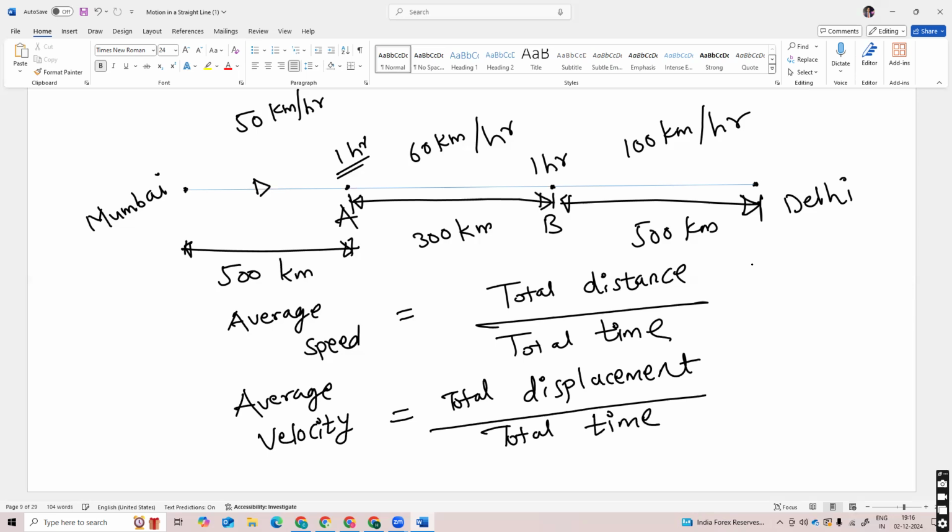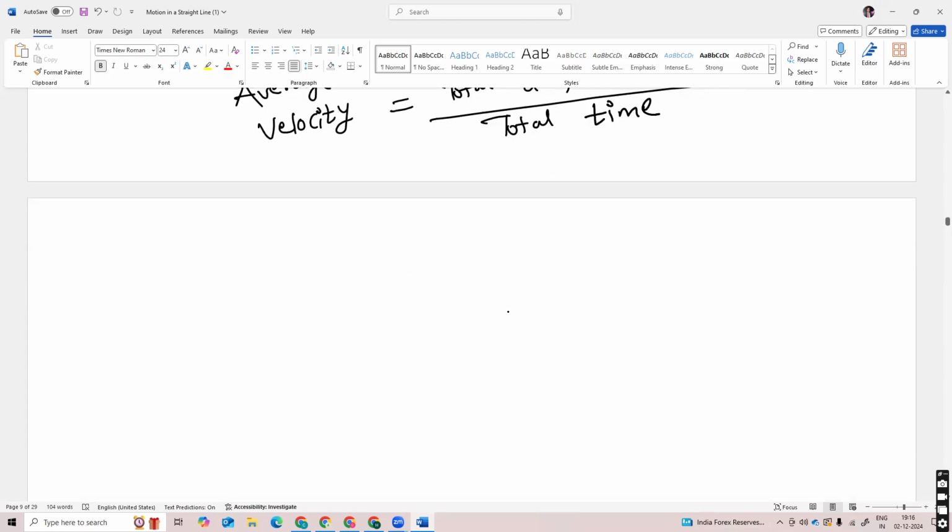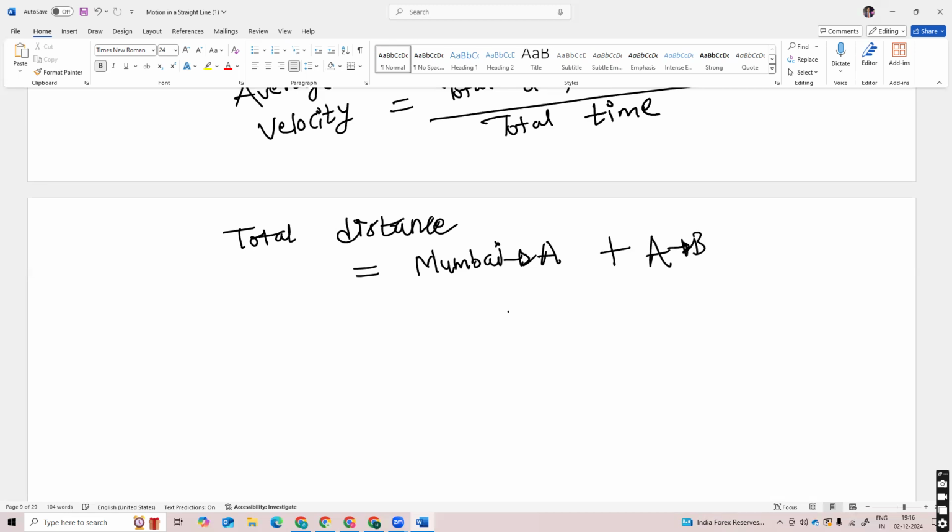In this case, if we have to find the total distance, what is it? Distance from Mumbai to A, then A to B, and then B to Delhi. So total distance is equal to distance from Mumbai to point A plus A to point B plus B to Delhi.